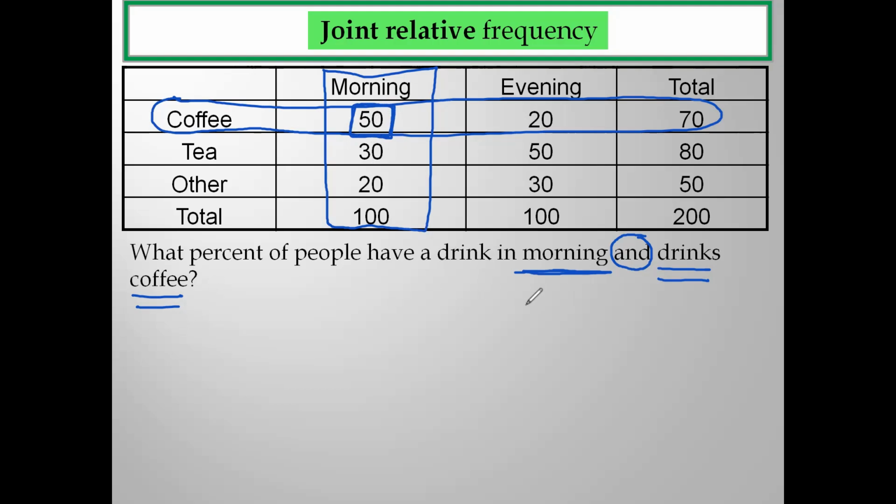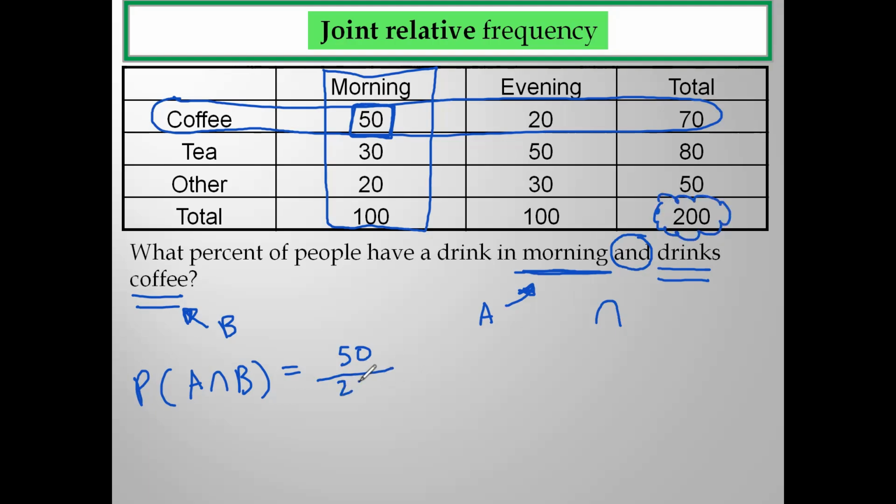Let's answer this using some probability notation. We're going to state that the morning is the event A, and we have the word and, so it'll be an intersection, and the drink is coffee, so the coffee drink would be our second event, B. So the probability of our event A and B, which is going to be the probability of both morning drinks and coffee, is going to give us 50 divided by the total amount.